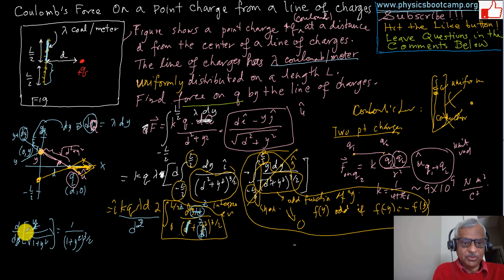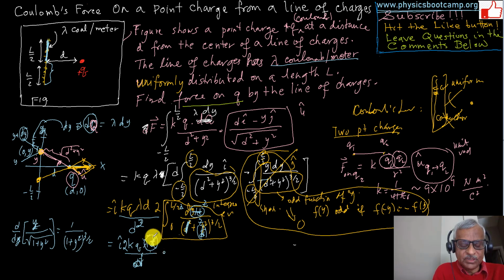So using this, I had k q lambda d, and there's a 2 here, and this is just lambda d square. This is the total charge. No, not total charge. Let's call it little d here.